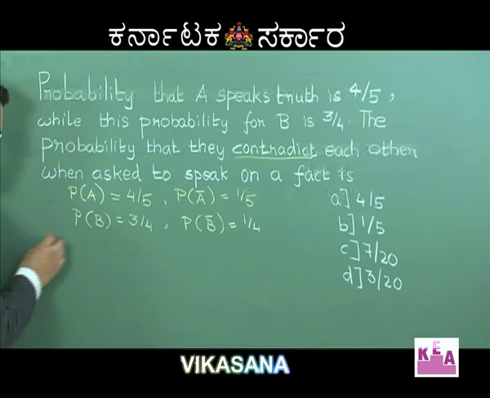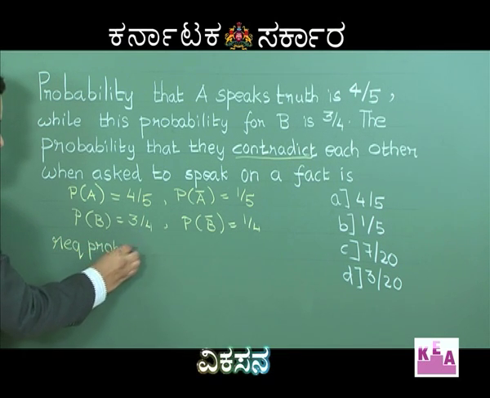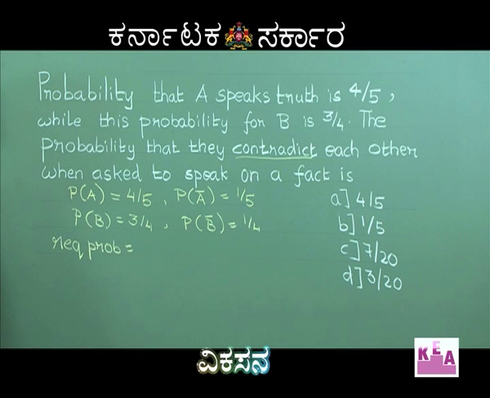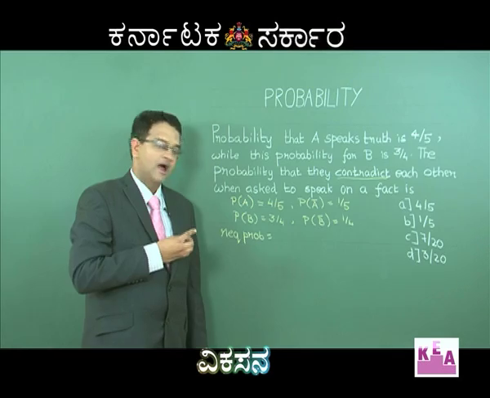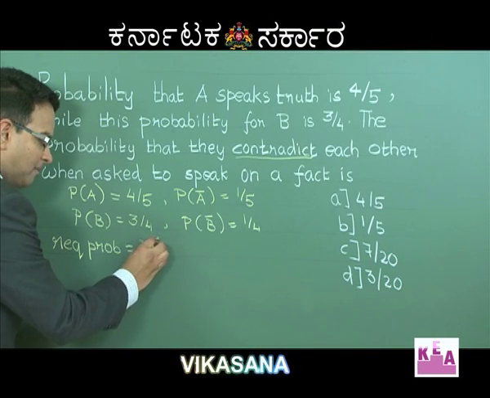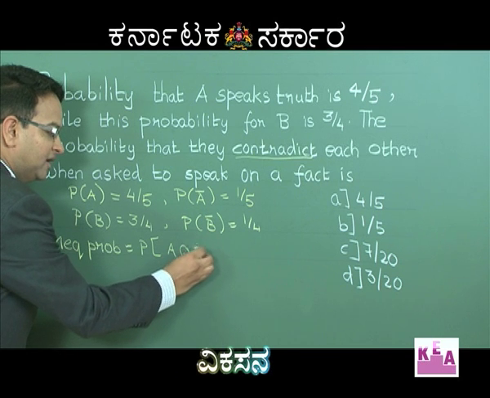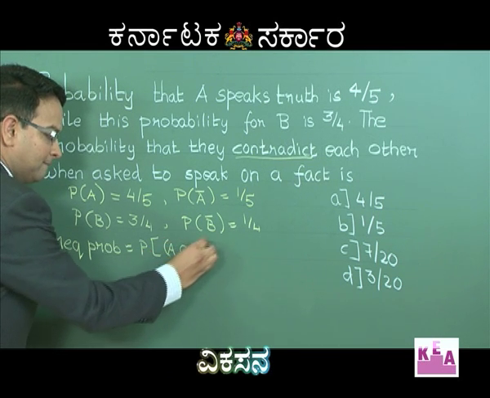So that simply means the required probability is probability that A speaks the truth and B does not speak the truth.